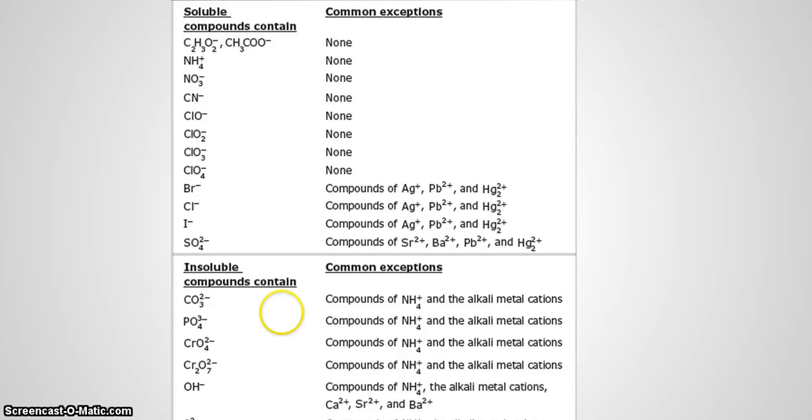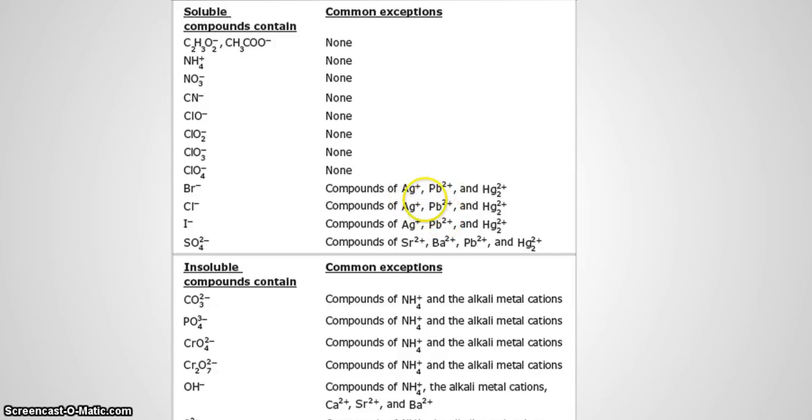And then the bottom part tells you things that are insoluble and what their exceptions are. Soluble things, those are the aqueous things. Insoluble things, those are the solid precipitates. An exception down here would make something that's normally soluble insoluble. So if it's one of these with an exception, then it becomes the precipitate.